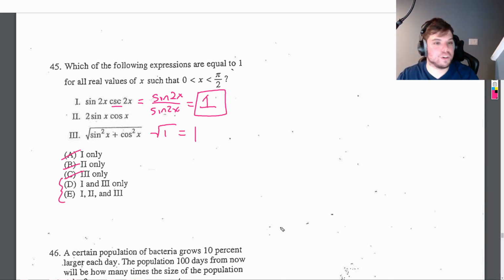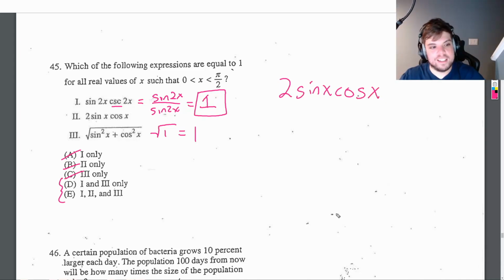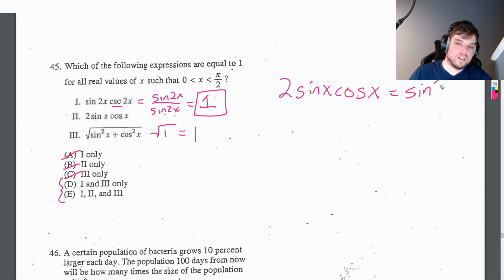We have to determine, is 2 sine x cos x always equal to 1? So you see 2 sine x cos x, and you think, wait a minute, this is one of those identities. 2 sine x cos x is sine squared x.